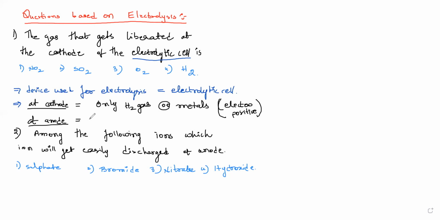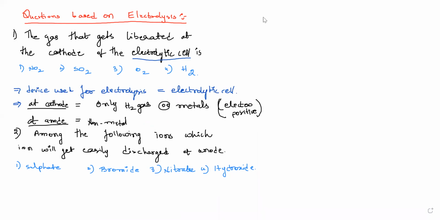Coming to the anode, non-metal elements can be liberated at the anode of any electrolysis solution generally.